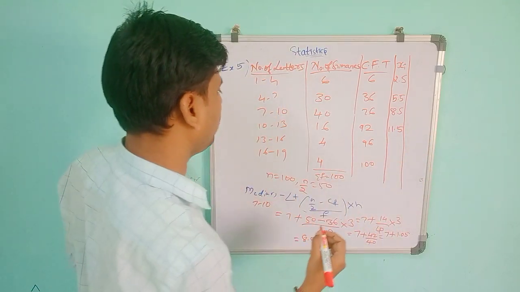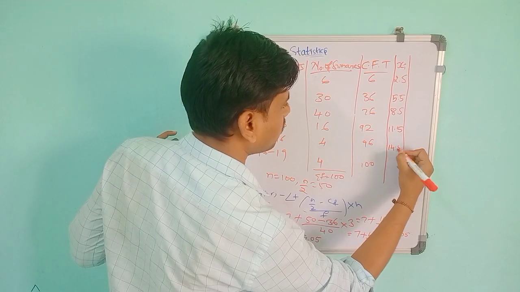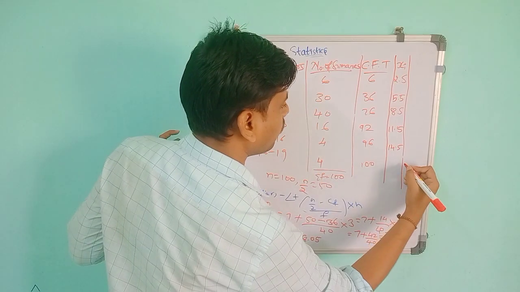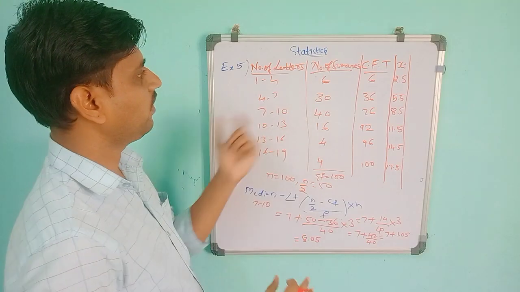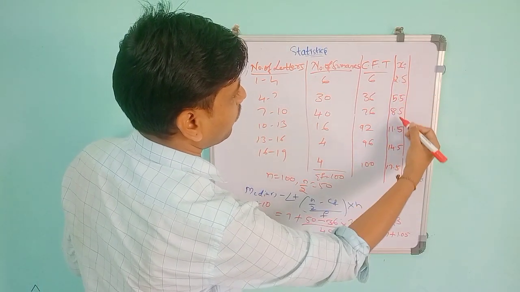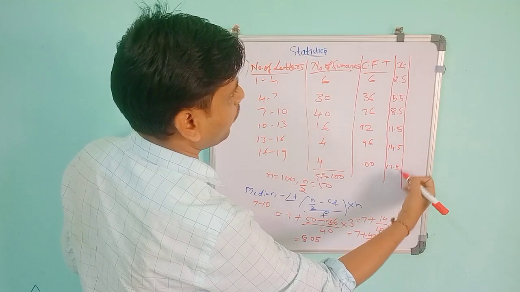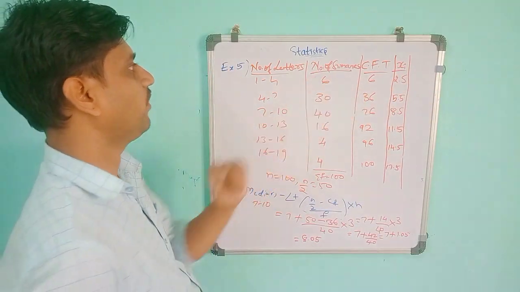Then 13 to 16 gives 29, so 14.5. Then 16 to 19 gives 35, so 17.5. Since the class interval is 3, you can also add 3 each time: 2.5 plus 3 is 5.5, 5.5 plus 3 is 8.5, 8.5 plus 3 is 11.5, like that up to 17.5. This is the xi value, and the number of surnames is the frequency.